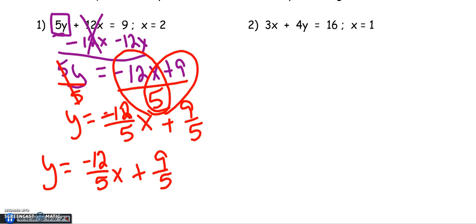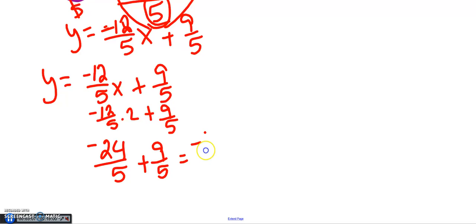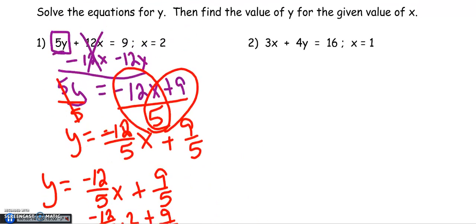If we plug in the 2, we have negative 12 over 5 times 2 plus 9 over 5. So our negative 12 over 5 times 2 gives me negative 24 over 5 plus 9 over 5. If I add those numerators, negative 24 plus 9 would be negative 15 over 5, which is negative 3. So I guess we were okay with that fraction in there.